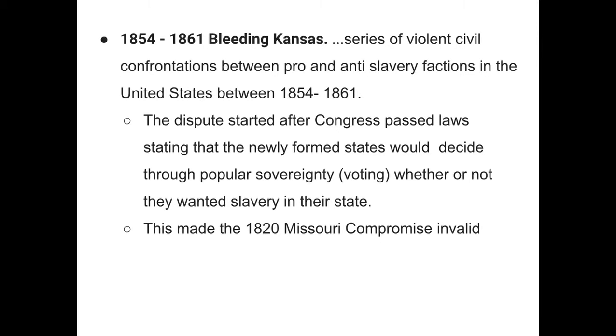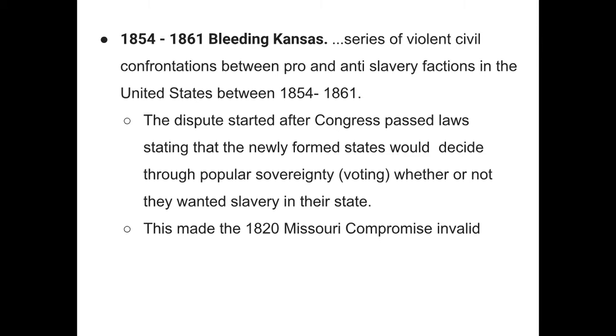Now, this act of Congress, the Kansas-Nebraska Act, voids the 1820 Missouri Compromise. The Missouri Compromise was everything below the 36th parallel, slave state, everything above, free state. Now we're saying, no, the states themselves, as they enter into statehood, will have the right to popular sovereignty, the right to vote on whether or not they want to be a slave state.